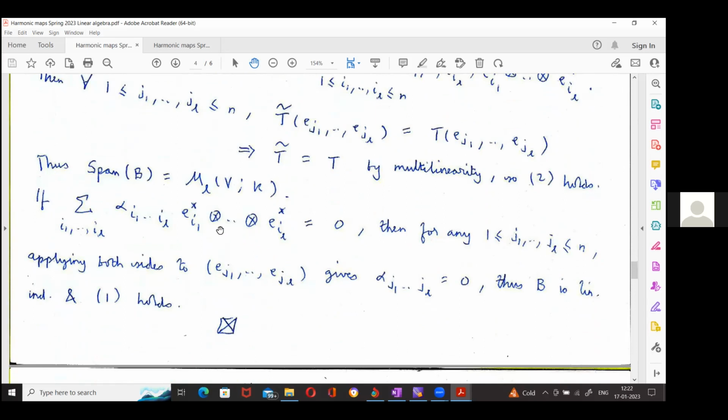As before, only one term in this sum survives, when the i's are equal to the j's, and that gives alpha J1 to JL equal to 0. This is true for any L tuple of indices J1 to JL. Therefore, all the alphas are 0, so this set B is linearly independent. Therefore it's a basis, because we've already shown that it spans.